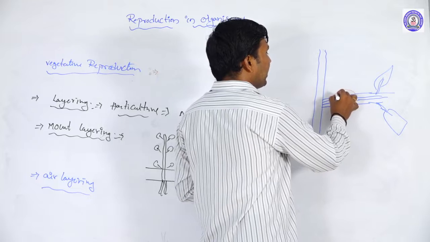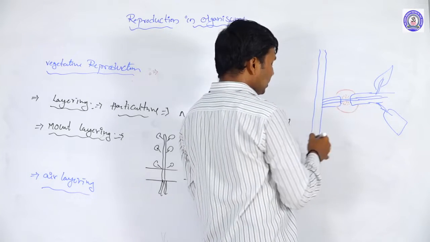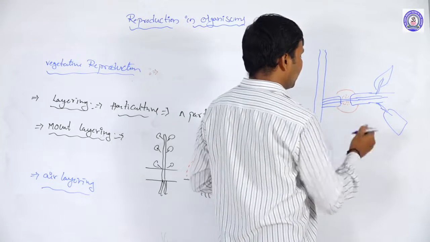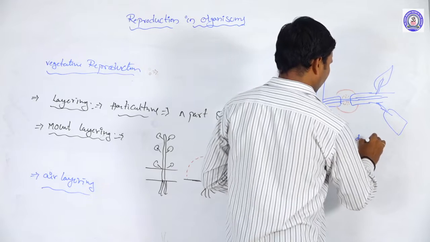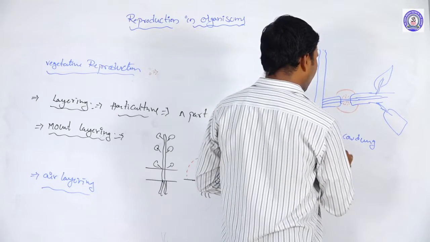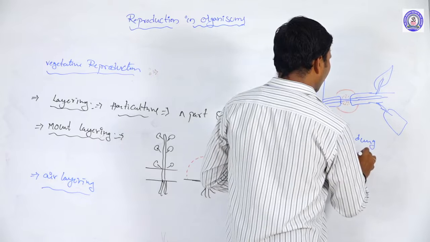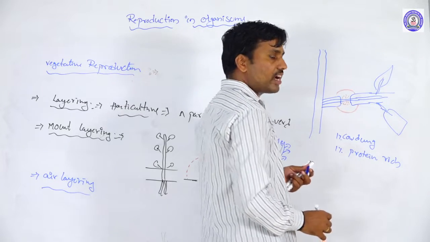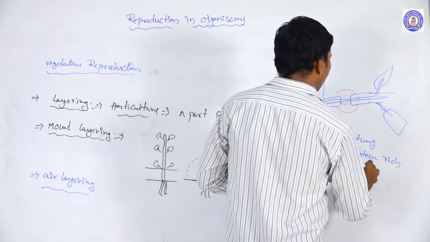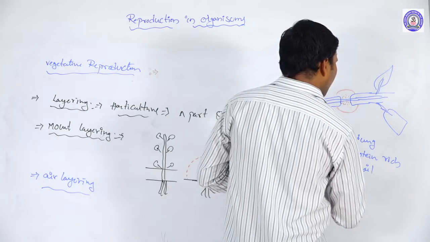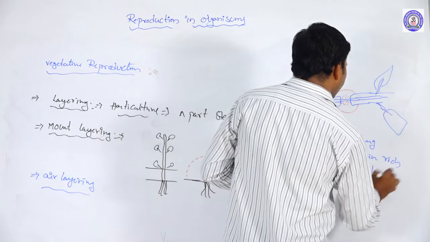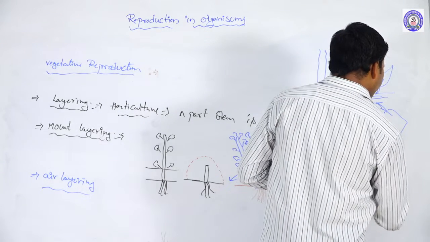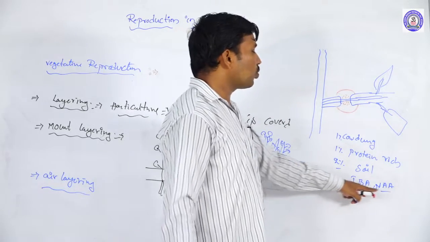The layering mixture contains cow dung, that means manure, 1% cow dung, 1% protein-rich hay, and 2% fine soil, and a little quantity of IBA, indole butyric acid, or NAA. These are the root promoters.